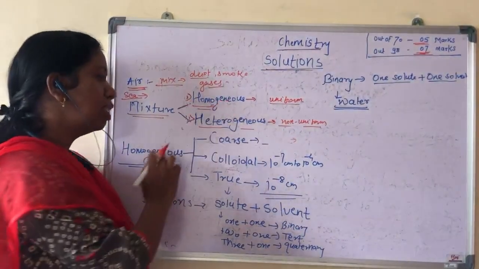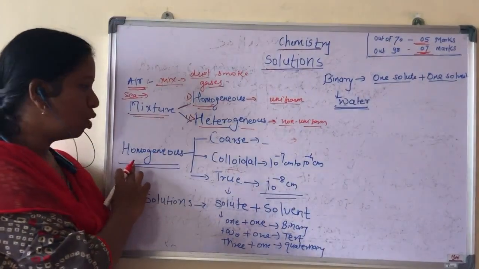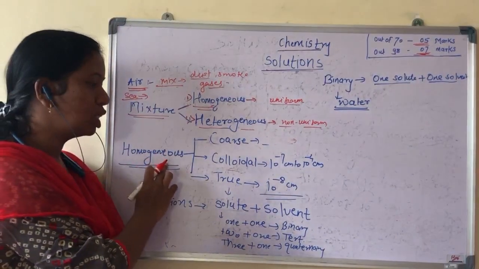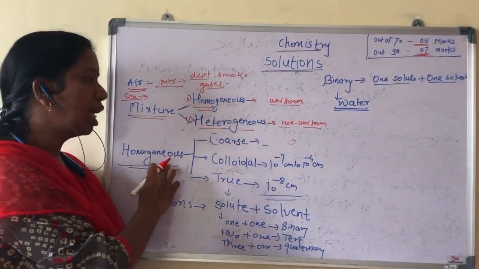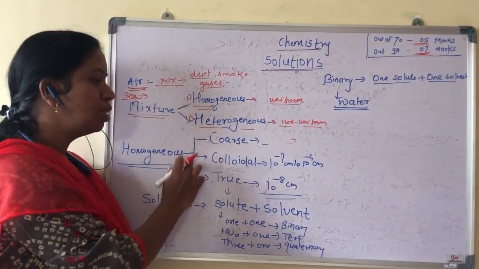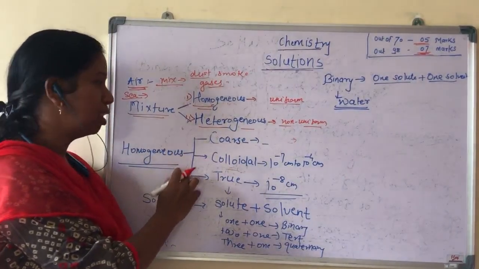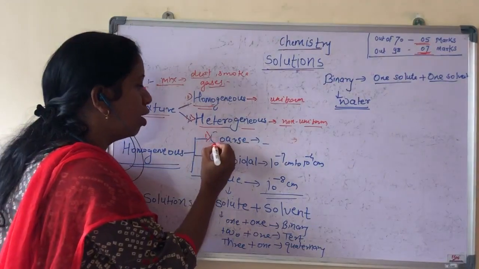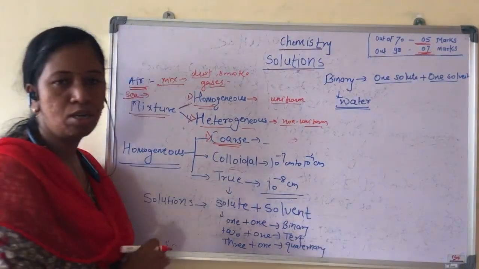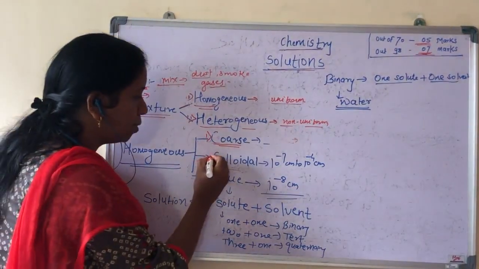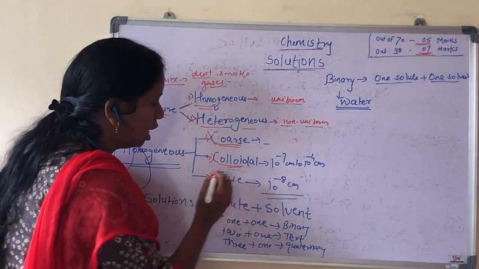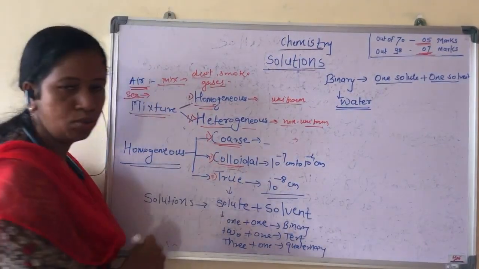Now let's see the next thing, the homogeneous mixture. Homogeneous mixtures are classified into three types due to their component size. The first type is the coarse mixture, the second type is the colloidal mixture, and the third one is the true solution.